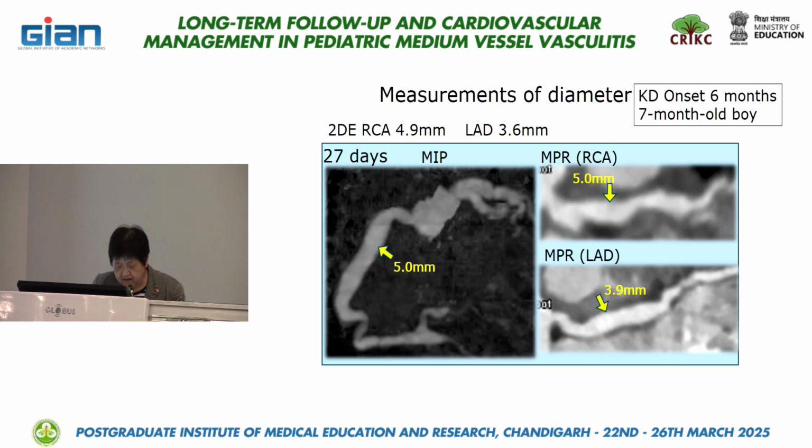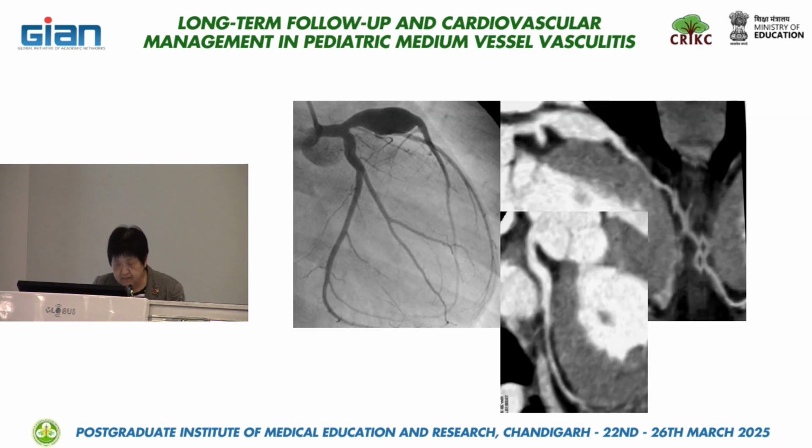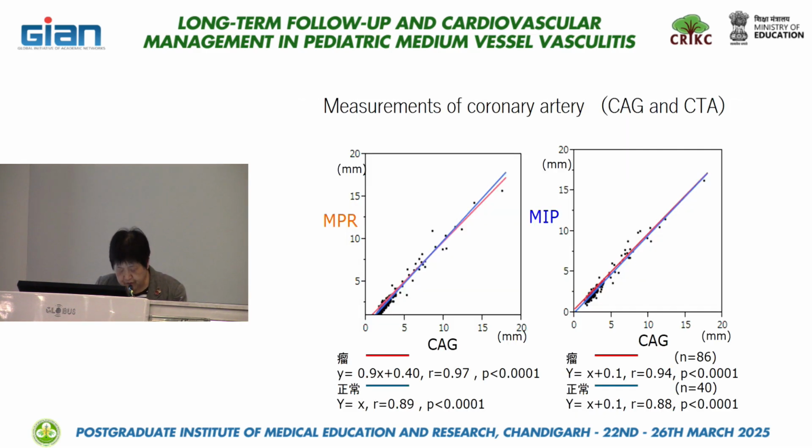The diameter of the coronary artery can be measured by CTA. On the left is coronary angiogram and on the right is CTA imaging. We compared the diameters in CTA with those in CAG. There was a significant correlation.